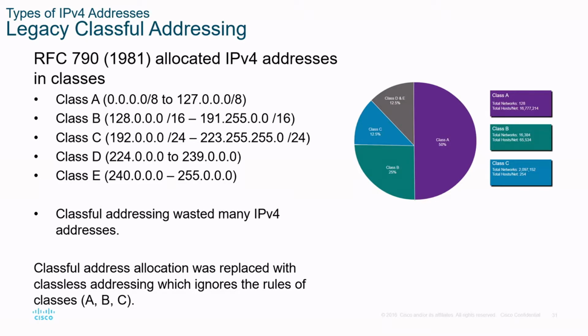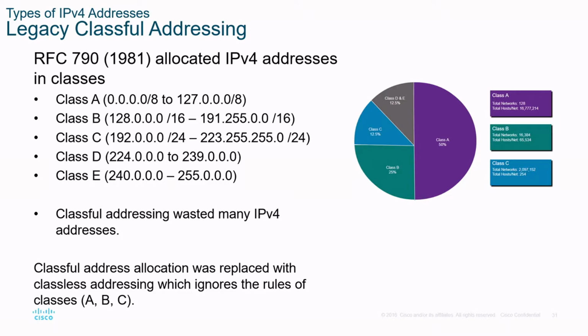Anything 192 to 223 is going to have a /24, 255.255.255.0, and that's a class C network. The bigger the subnet mask, the smaller the number of hosts on a network, but the more networks we have.